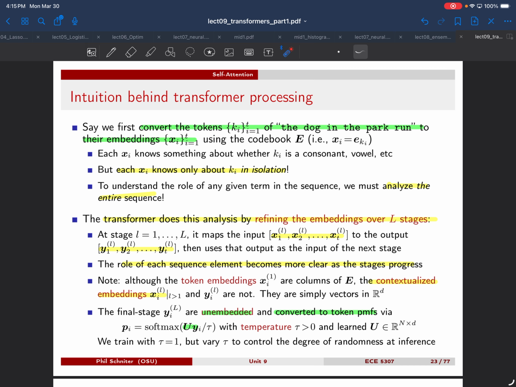And that matrix is dimension n by d, and if you remember, d is the dimension of the embedding, n is the number of words in our vocabulary. So this matrix brings it back to something of the same size of our codebook. And the strengths of these will reflect how close each y is to all the entries in the codebook.